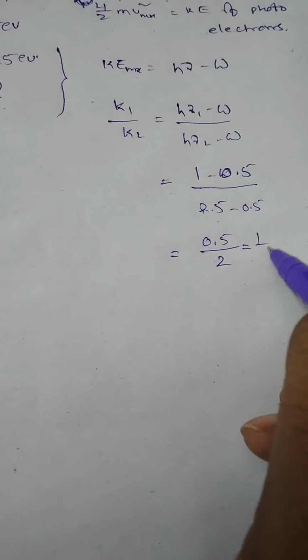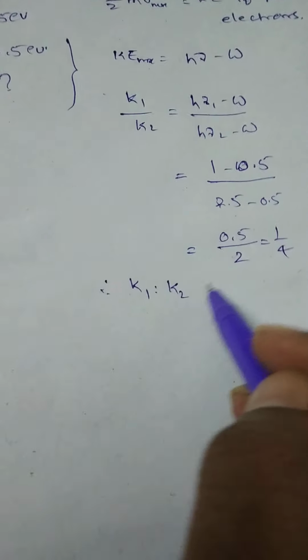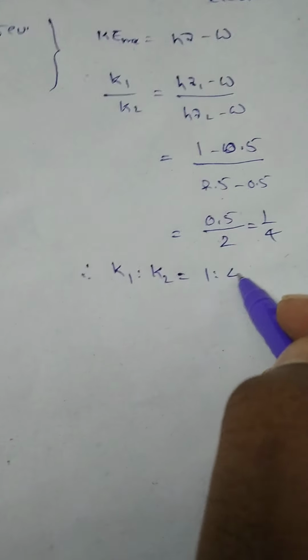That is equal to 1 by 4. Therefore, the ratio of the kinetic energies emitted by the photo surfaces K1 is to K2 is equal to 1 is to 4.